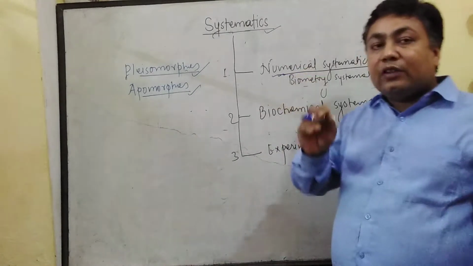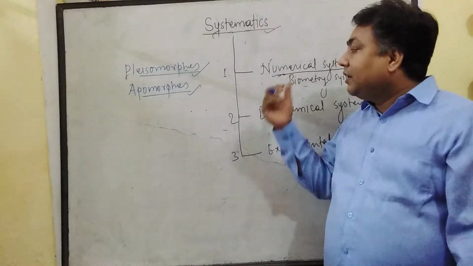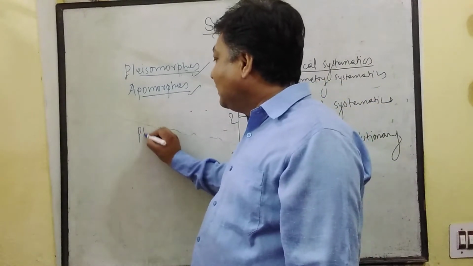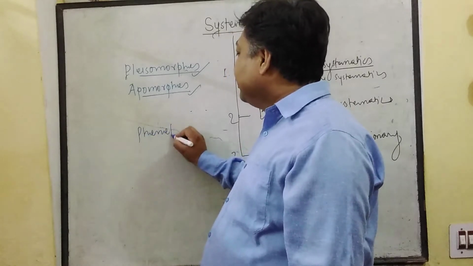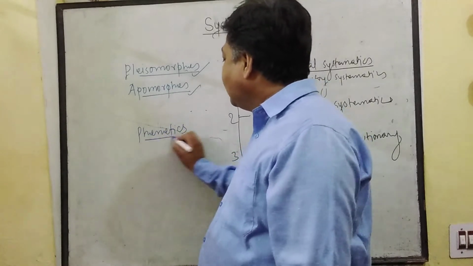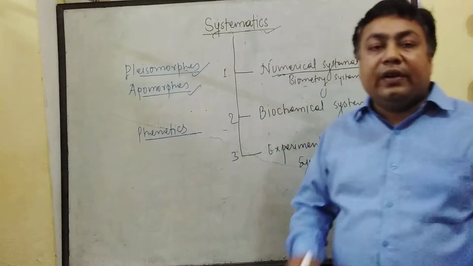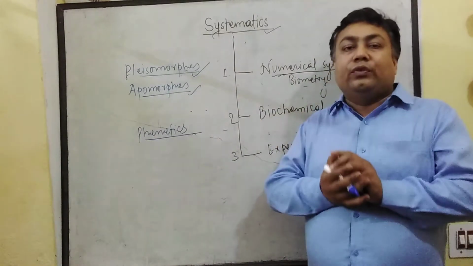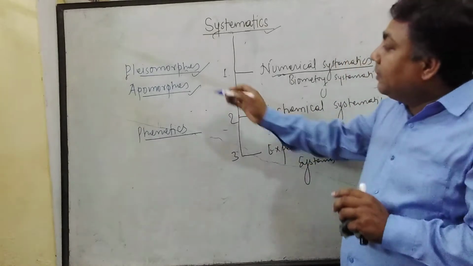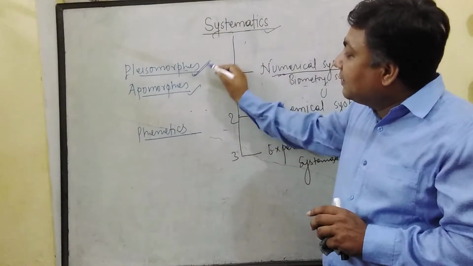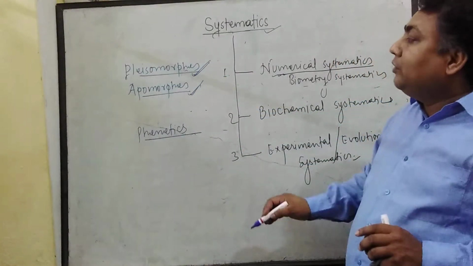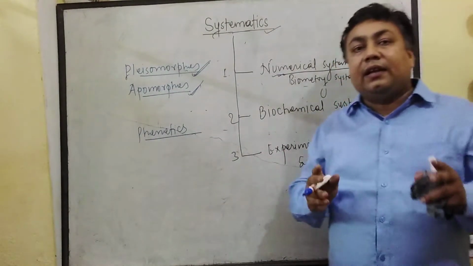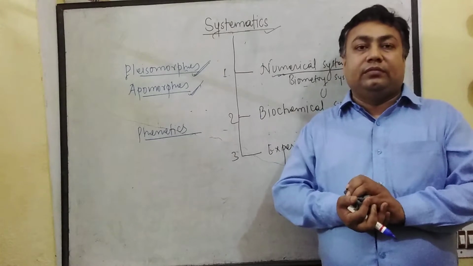The taxometric unit which numerical taxonomy uses is known as phenetics. Phenetics is that taxometric unit which never makes a distinction between plesiomorphous and apomorphous characteristics in designing a phylogenetic tree.